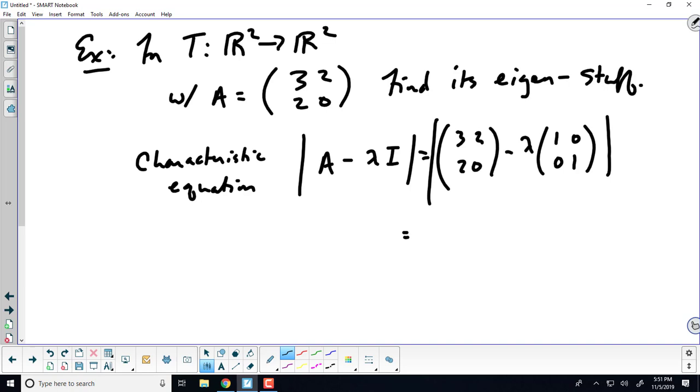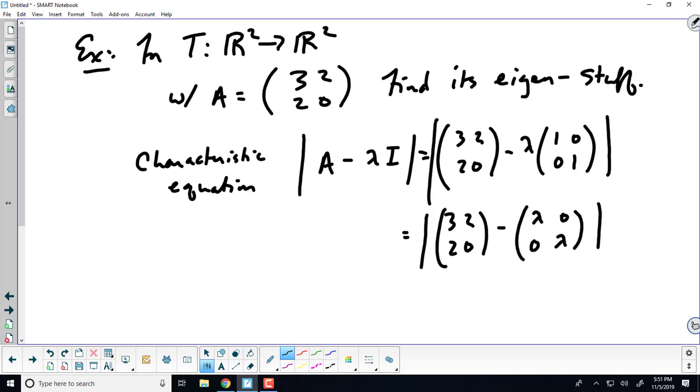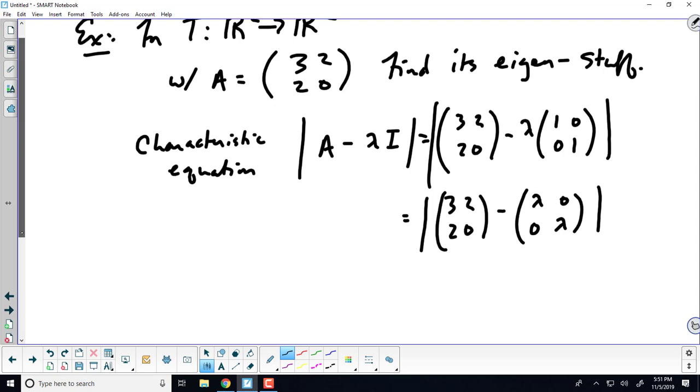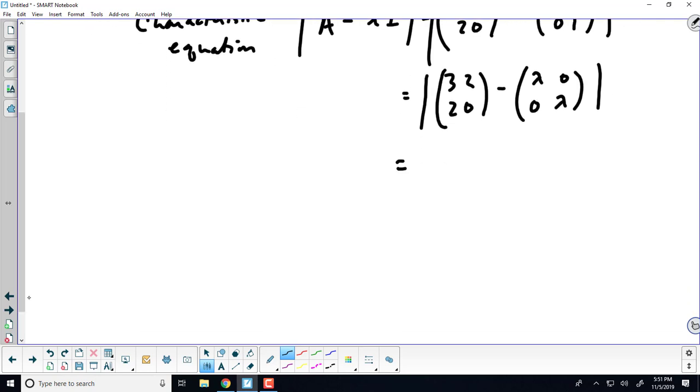I'll show all steps this time. This would be 3, 2, 2, 0, minus lambda, 0, 0, lambda. And so we end up with the determinant of 3 minus lambda, 2, 2, minus lambda.